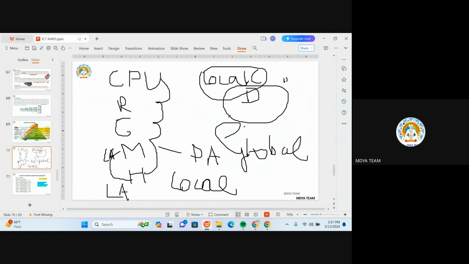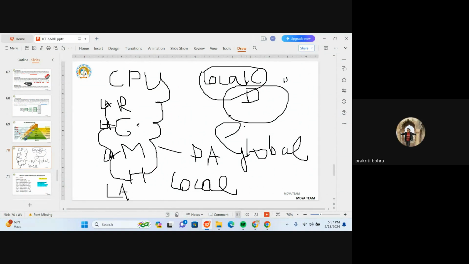When the data is going to the main memory, it becomes a logical address for the main memory, because now the data is present in the main memory. Where the data is present, that becomes a logical address. Now data is going to the cache memory, it will become a logical address for the cache. Now it is going to the registers, and it will become a logical address for the registers.